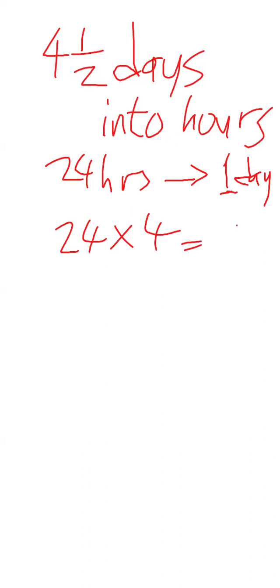Okay, so how are we going to go about it? I know that there are 24 hours in a day. So what I'll do is 24 times 4, which is 96. And then I know that half of 24 is 12.